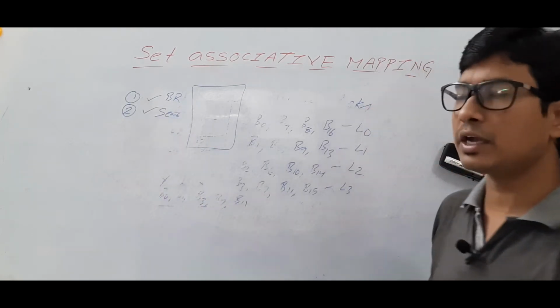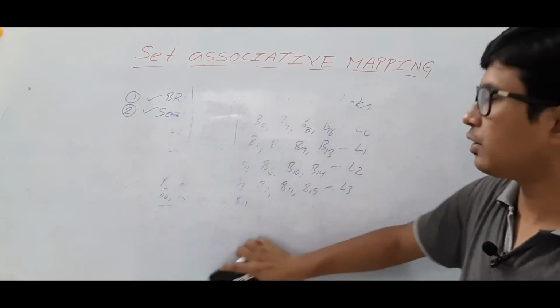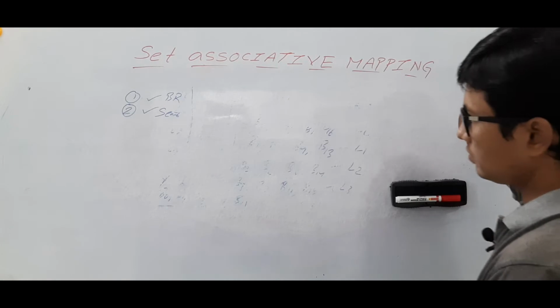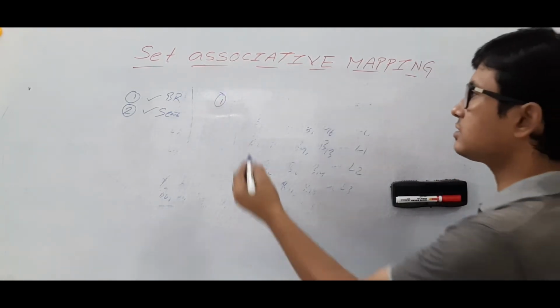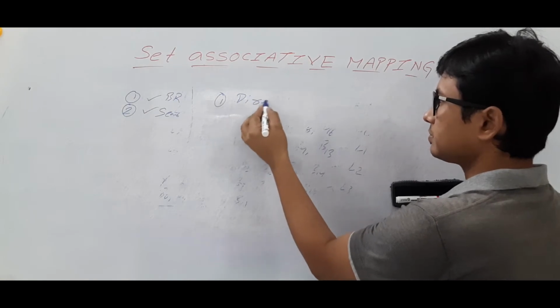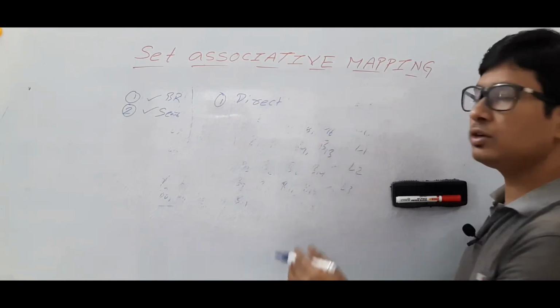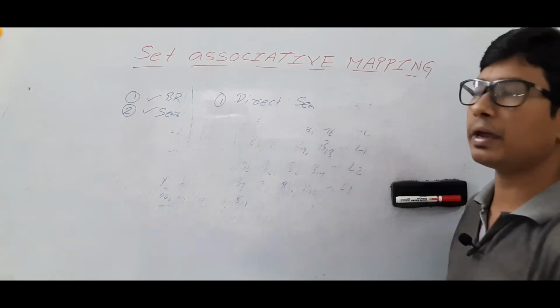But what is the advantage of each one? In direct mapping, the advantage is that you have a fixed location. Block number 0 should be kept in line number 0, so searching will be easy in direct mapping.